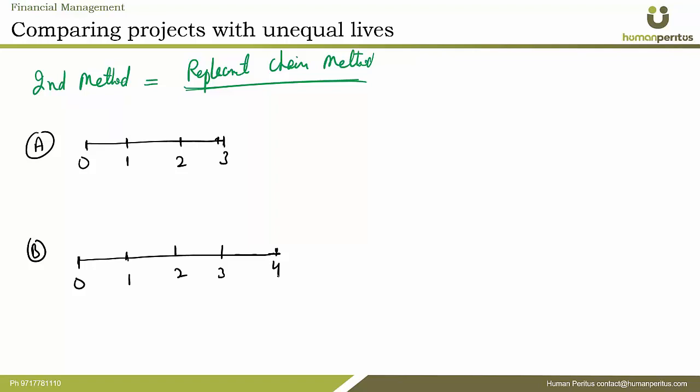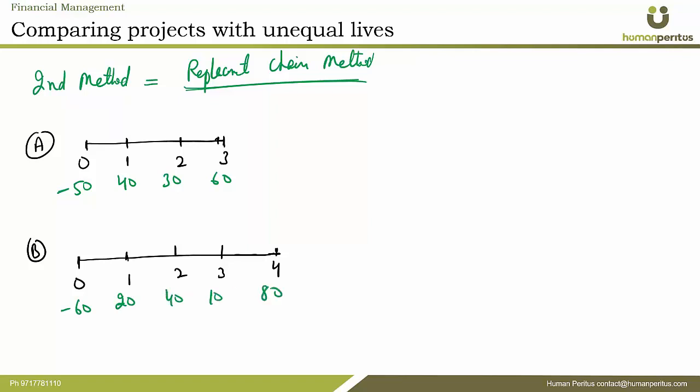I should write the cash flows actually. So maybe this is minus 50, 40, 30, 60. I'm randomly just writing anything. And maybe this is minus 60, 20, 40, 10, 80.